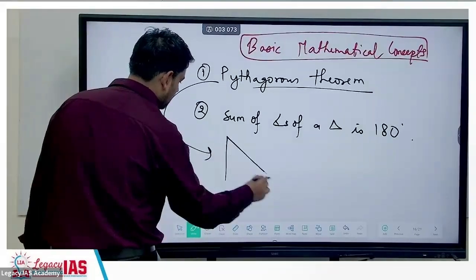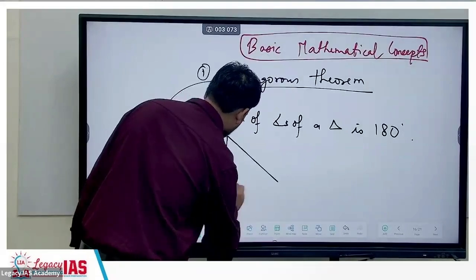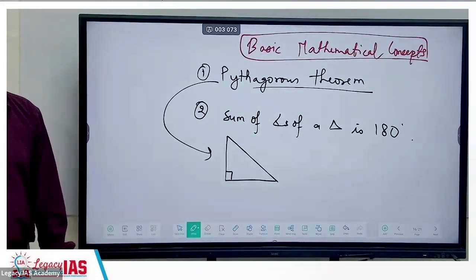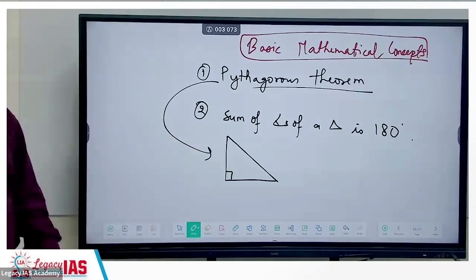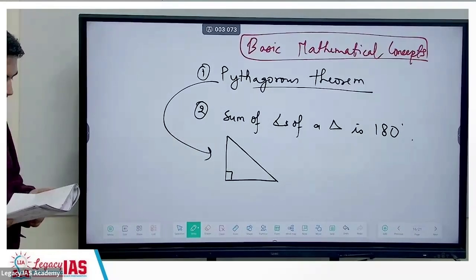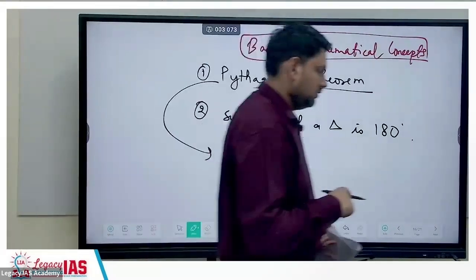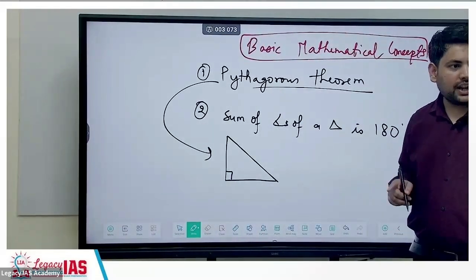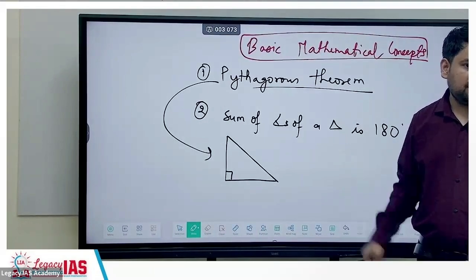What it says is the sum of the squares of the other two sides. Write it down: in a right angle triangle, in brackets right, one angle is 90 degrees.